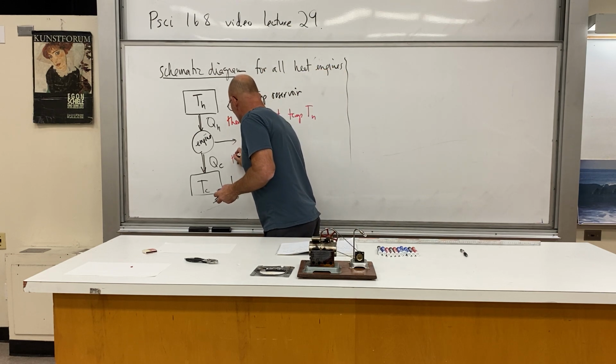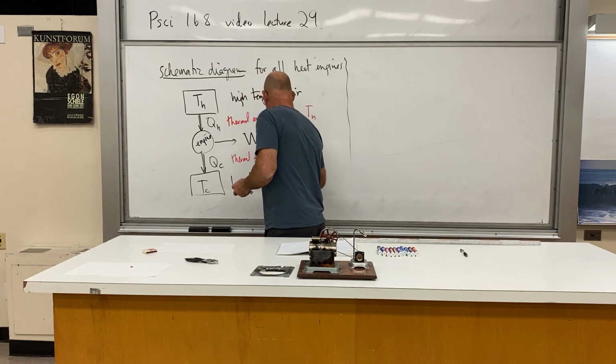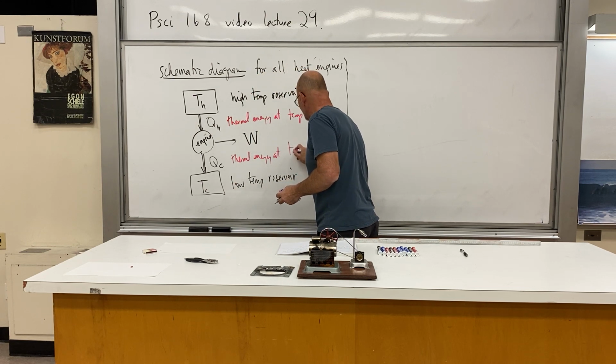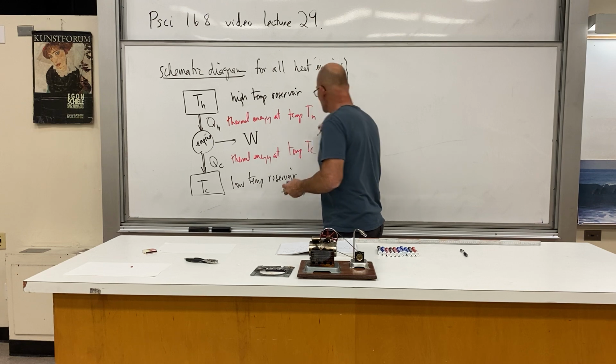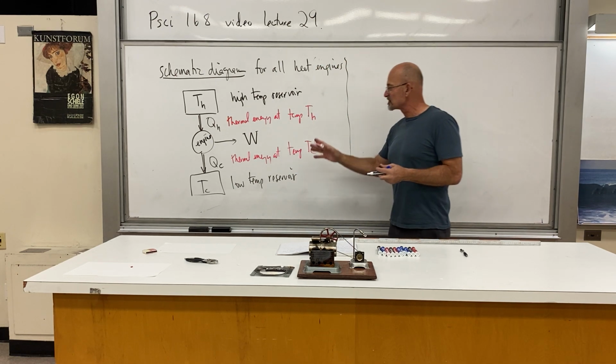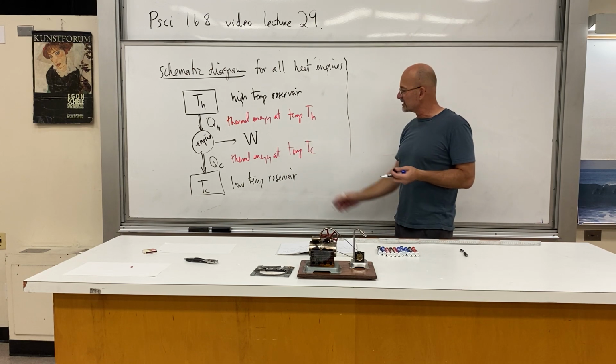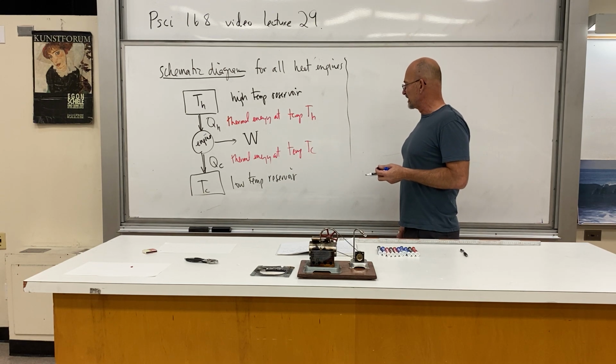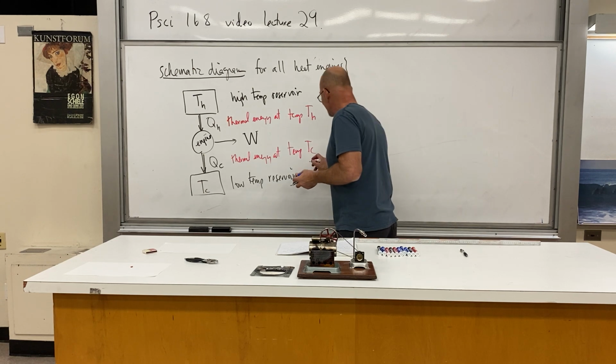And this is the thermal energy at temperature TC, which is less than TH. So that's the way we always do that. So the direction of the heat flow is according to the laws how it's supposed to be. This is sometimes called waste heat.